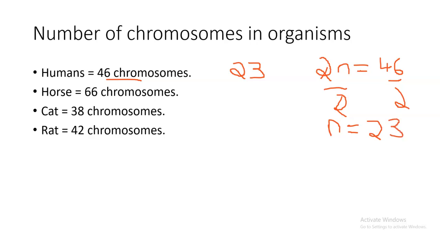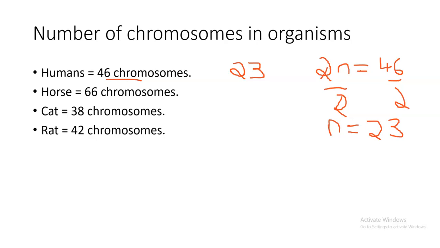So the full set or the diploid set is 2n equals 46, but the haploid number or the haploid set n will be equal to 23. That is in human beings. The haploid number n is equal to 23. 2n is equal to 46. It's our diploid set. n is equal to 23. It's our haploid set. Always remember those terms because they're very important when they ask questions.